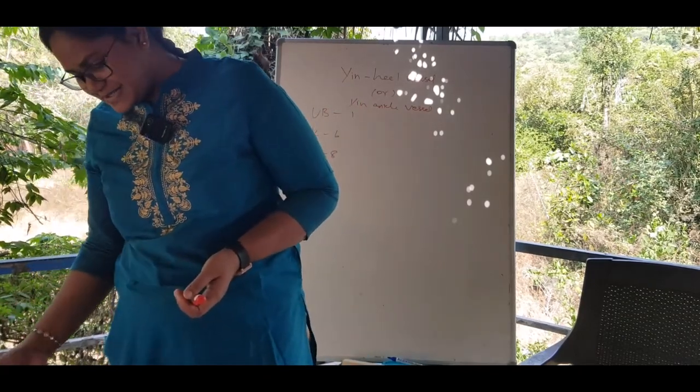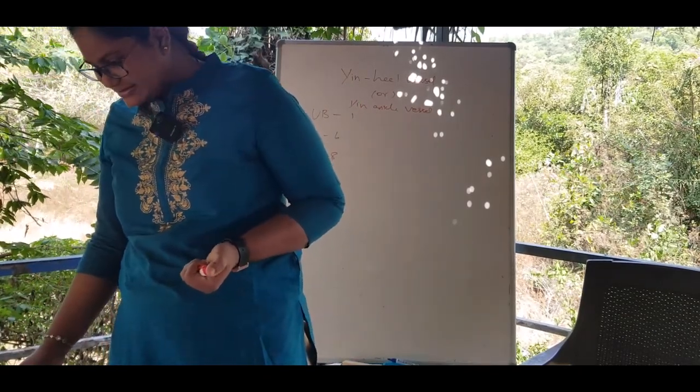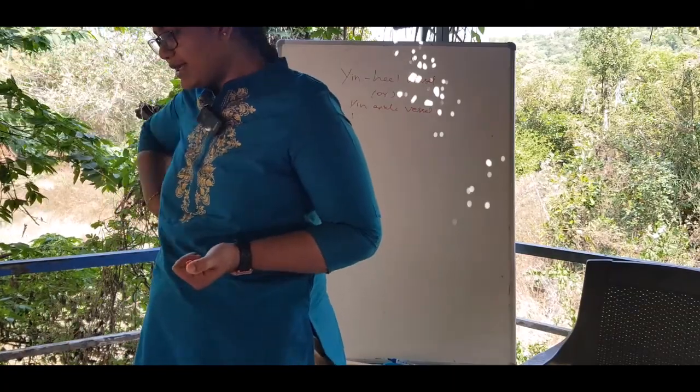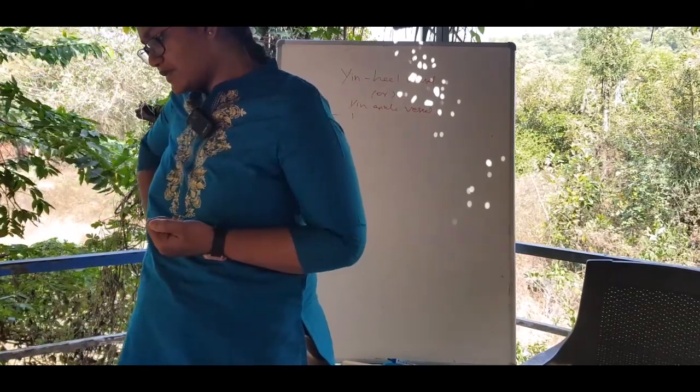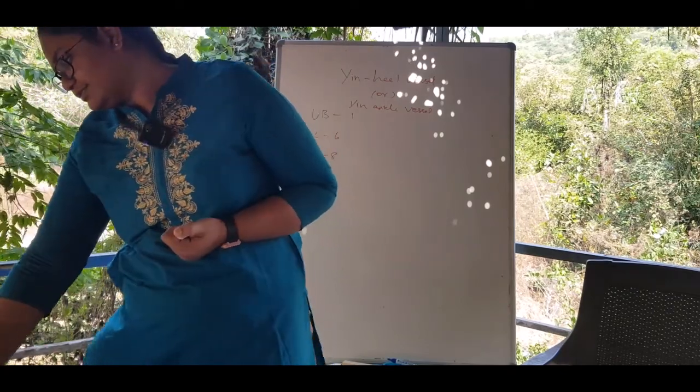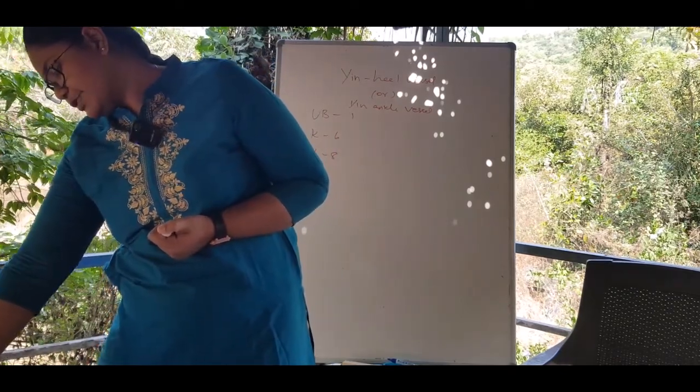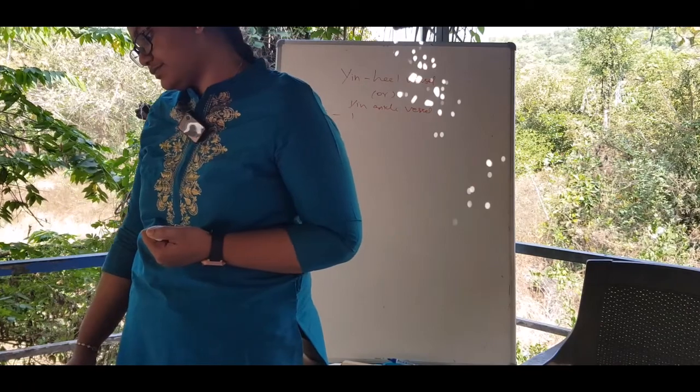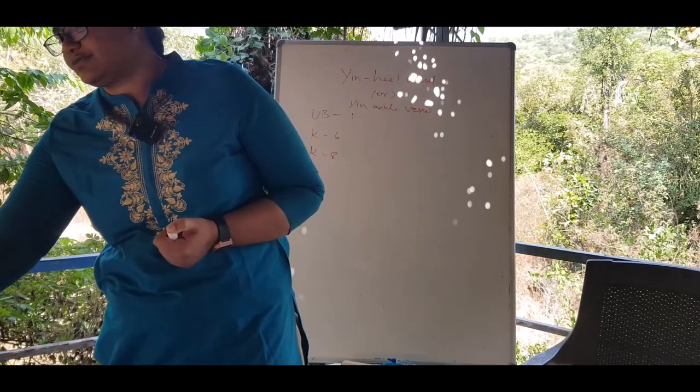You are searching for which point? UB1. UB1 is at the medial corner of the canthus, just here, this point.